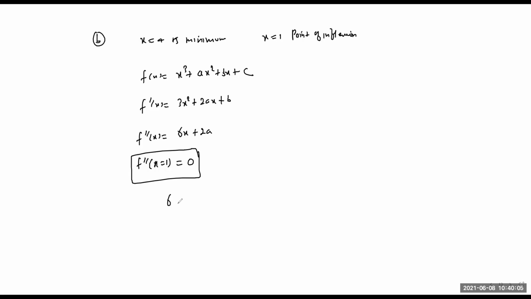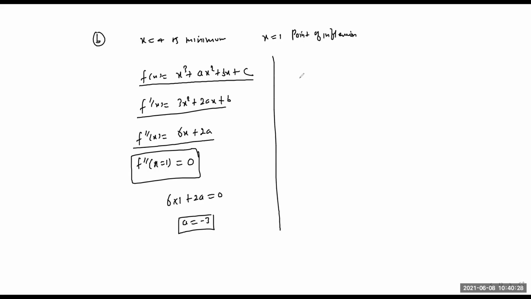Sir, what did you do? See, here we have differentiated the same function twice. So this will give you a equals -3, the answer. From the b part, we got a equals -3. Okay? Now look at this.